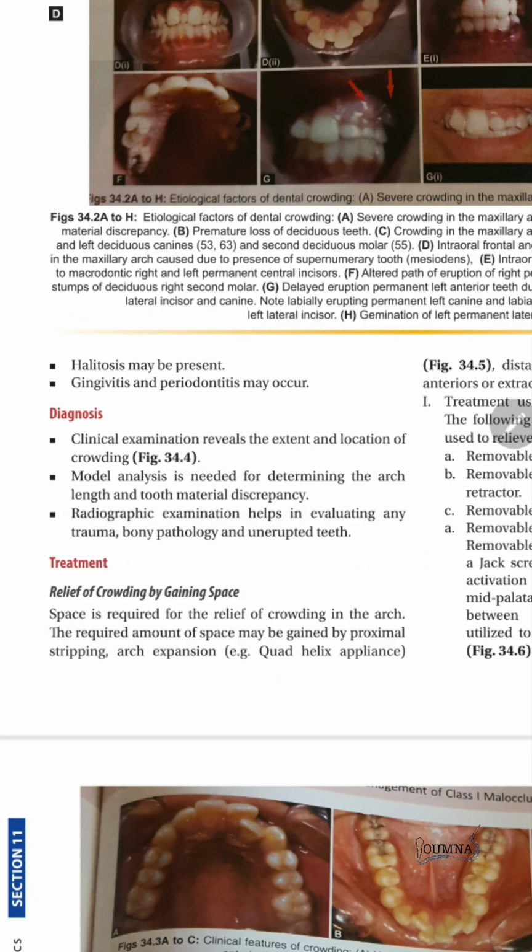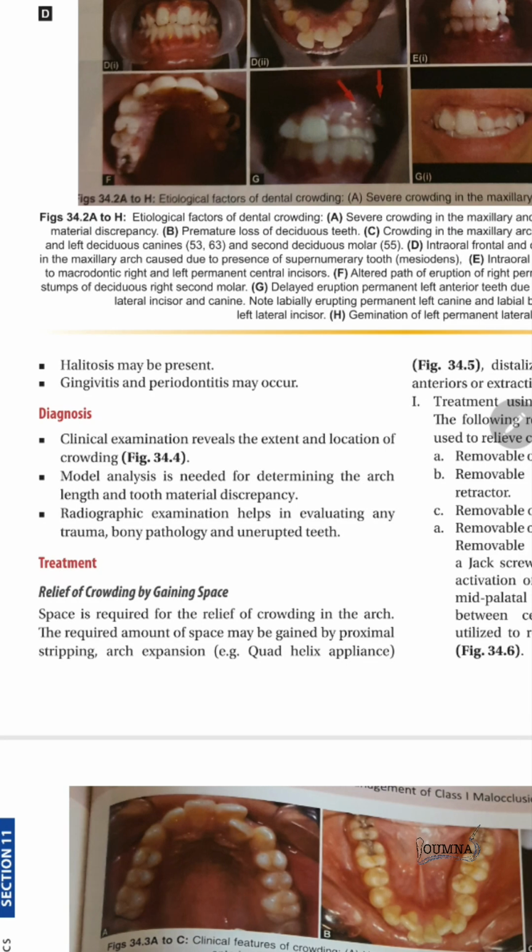We diagnose the crowding by clinical examination and doing model analysis to determine the arch length and tooth material discrepancy. We do some radiograph examination to evaluate if there is any trauma or bony pathology or any unerupted teeth.